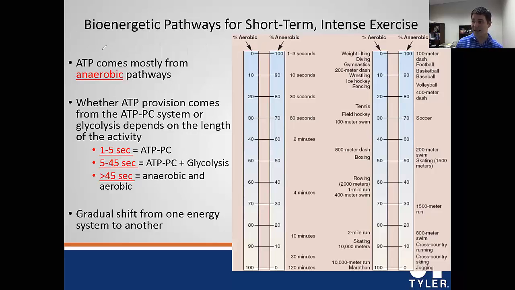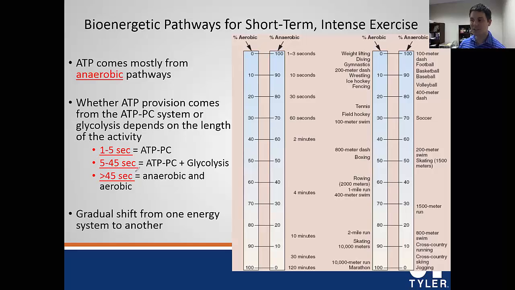Early on in high-intensity, short-duration exercise, ATP comes predominantly from our anaerobic pathways. Again, it's the fastest way to produce ATP. We can break that down even further: within the first few seconds, about 1 to 5 seconds, we use the phosphocreatine system primarily to generate ATP.